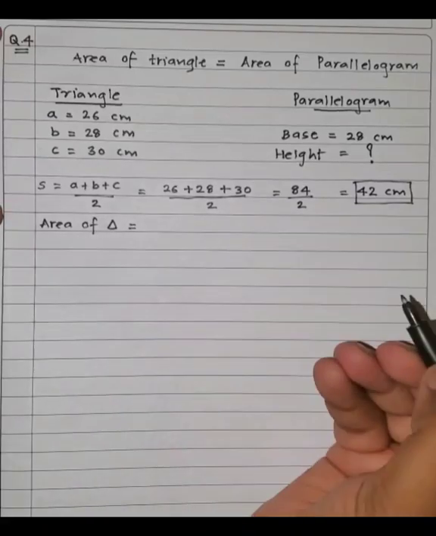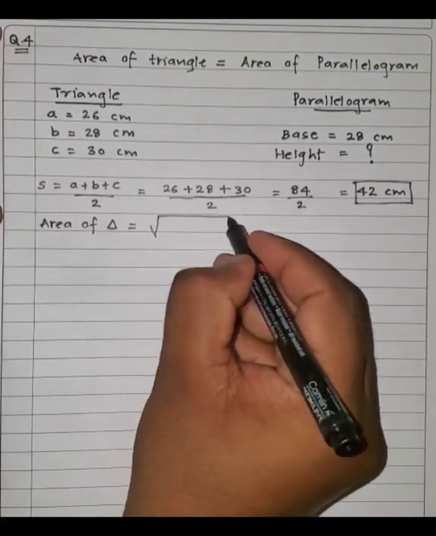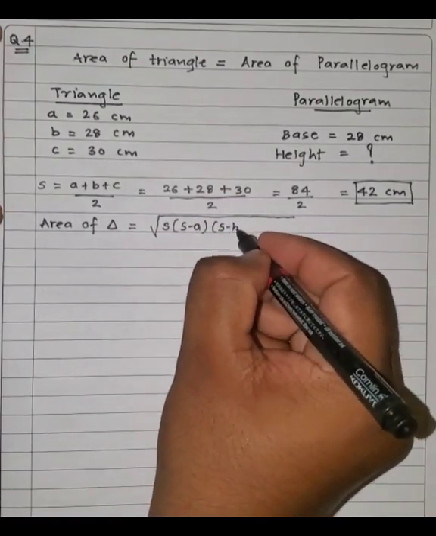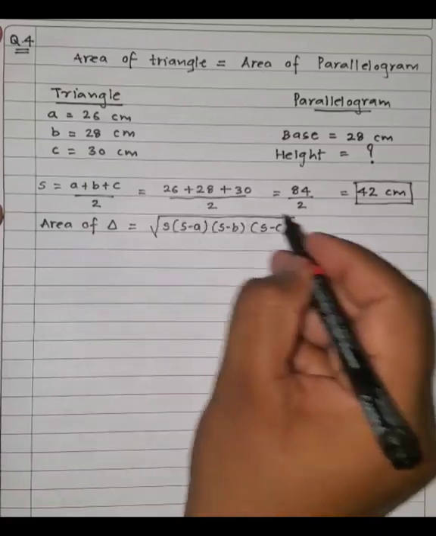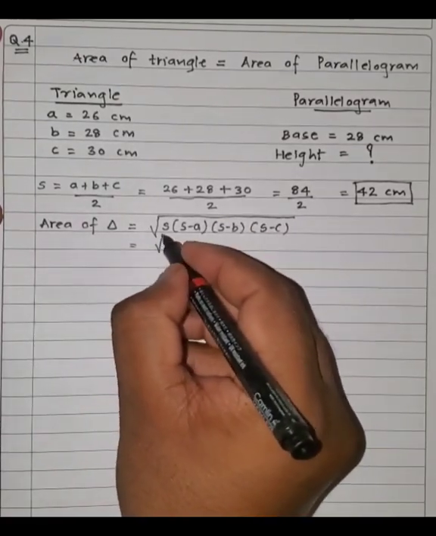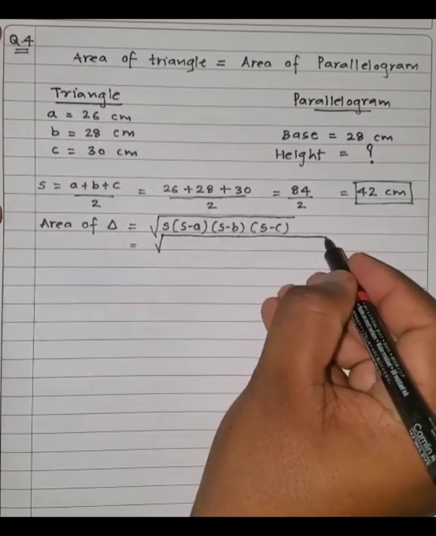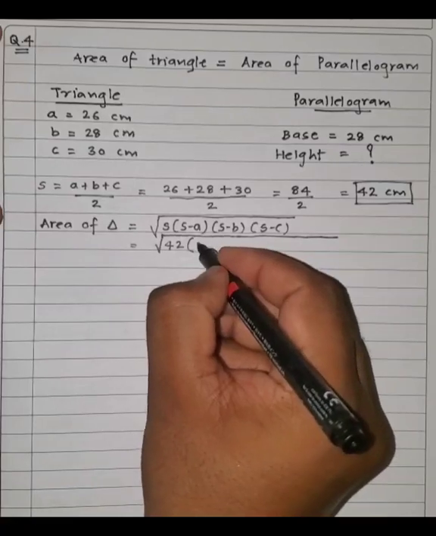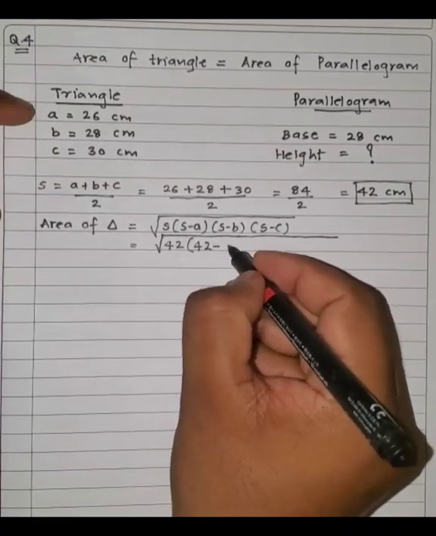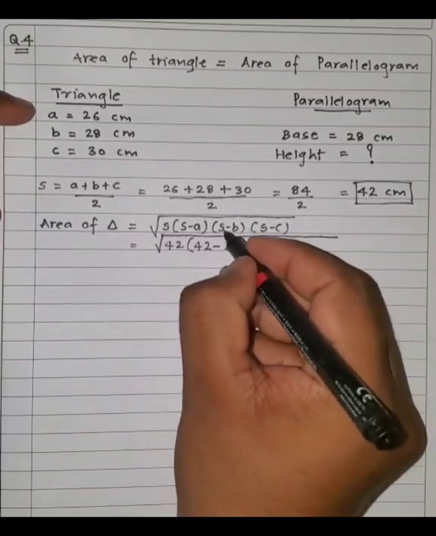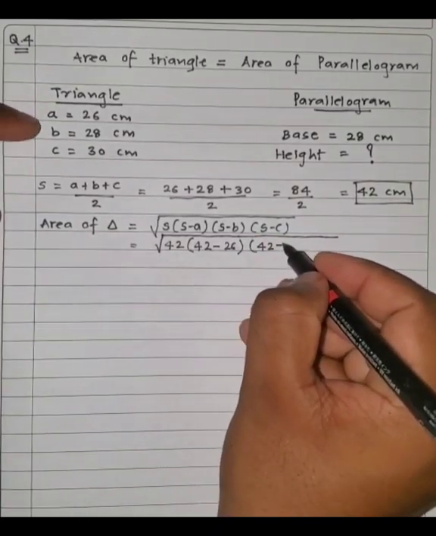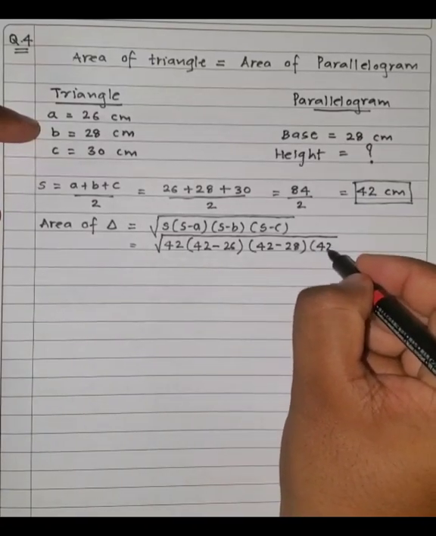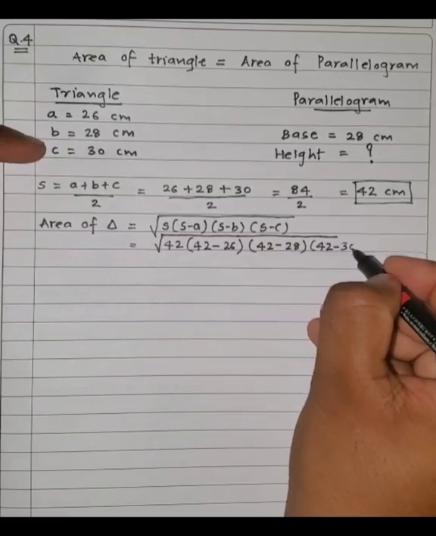The area of the triangle is given by the formula square root of s into (s minus a) into (s minus b) into (s minus c). These are all under the root. The next step is I'll put the values of s, a, b and c. s is 42. s minus a, 42 minus a, is 26. s minus b, that is 42 minus b, is 28. s minus c, that is 42 minus c, is 30.